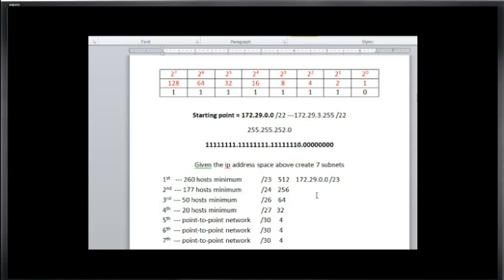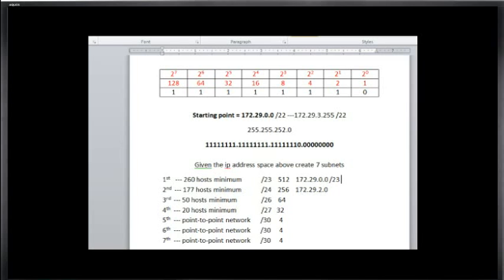So the next network in this scenario would be 172.29.2.0. Okay, so that would be the next network, right?